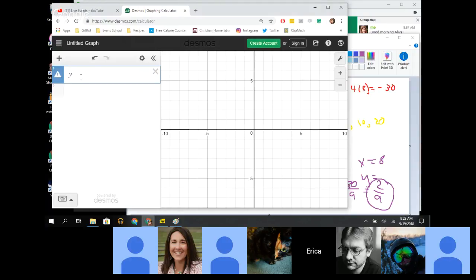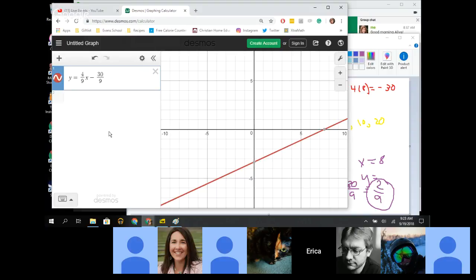Over here on the left-hand side, there's a box where you can enter equations to graph. You can enter a really easy equation like y equals x, and you can see the line for that automatically shows up, right? But we solved and we got that y equals 4 divided by 9 times x minus 30 divided by 9.